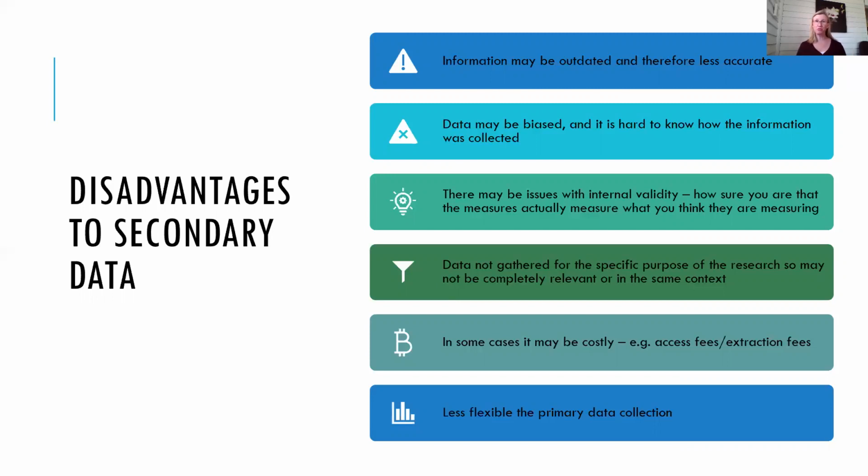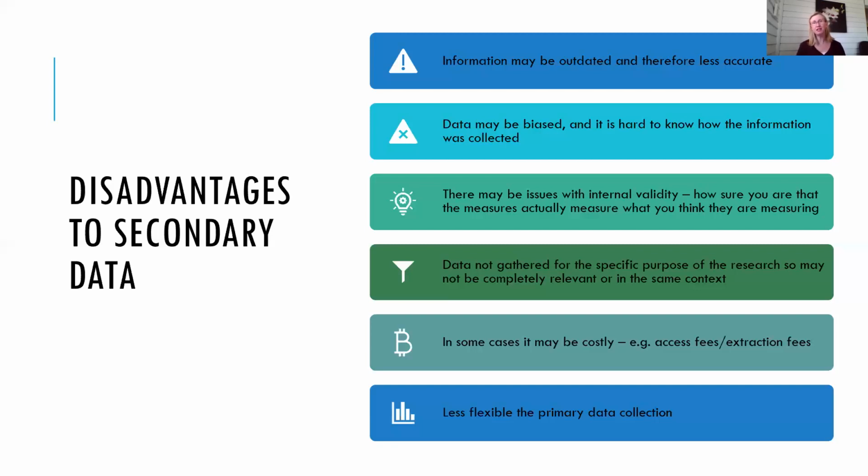In some cases, it could be very costly, or it could be very time consuming. Waiting for an agency to give you a data set, or they might place some limitations where you can only access the data at their offices on a secure server. So it's not as easy as just downloading it, sticking it on a USB drive and coming home and running your own stats.